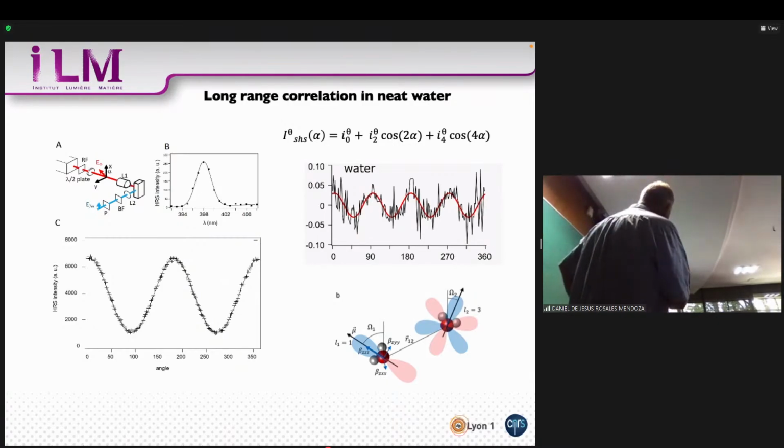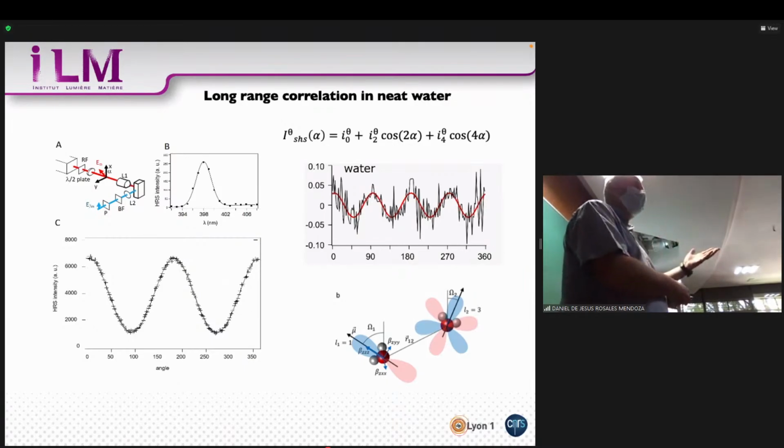You call it a linearization or a Fourier transform, and you will have three components. The first two are present, and the last one is absent for incoherent second harmonic.